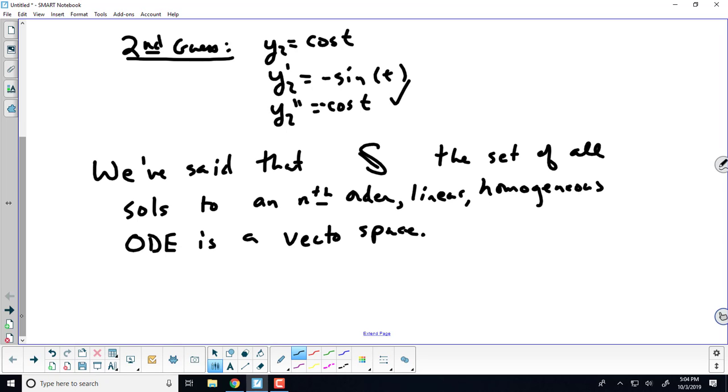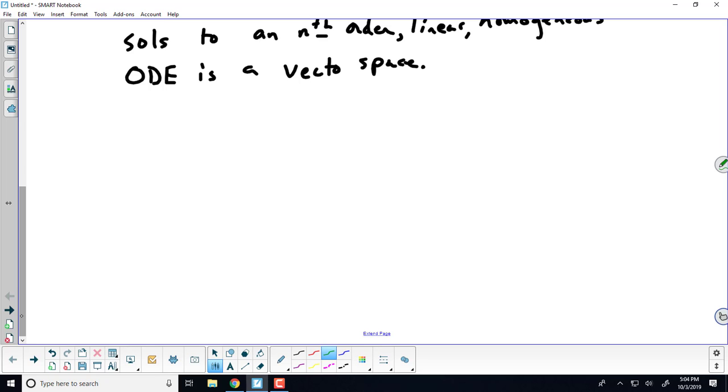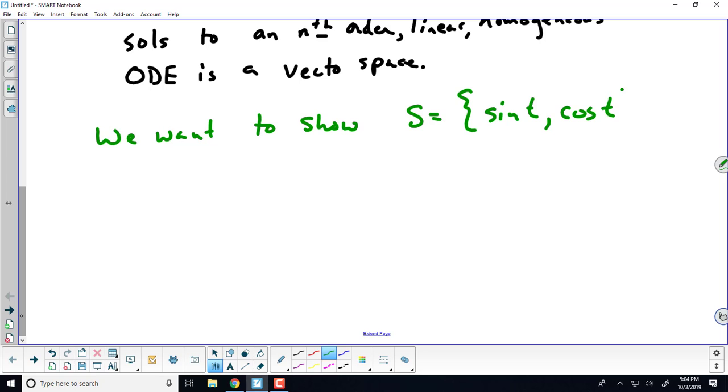Okay? So we want to show that this set right here, S equals the sine of t comma the cosine of t, forms a basis of S, the set of all solutions.